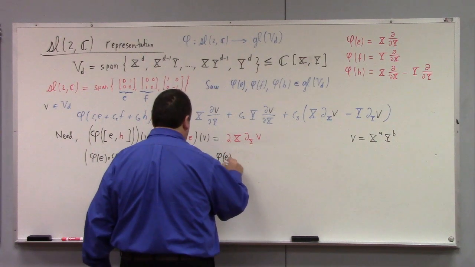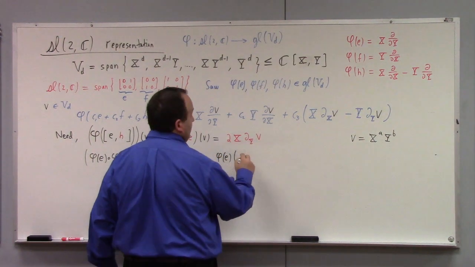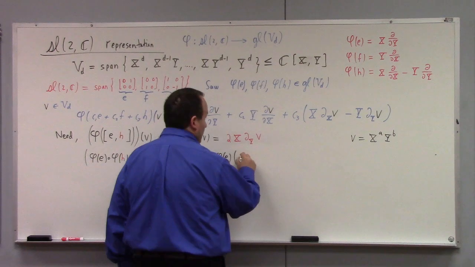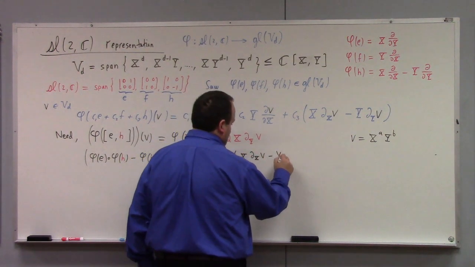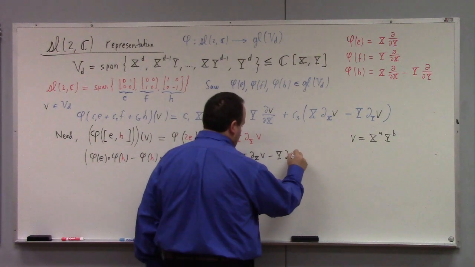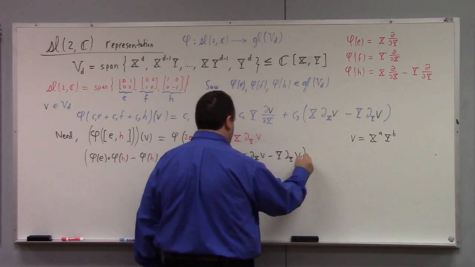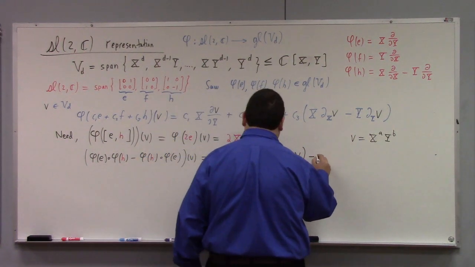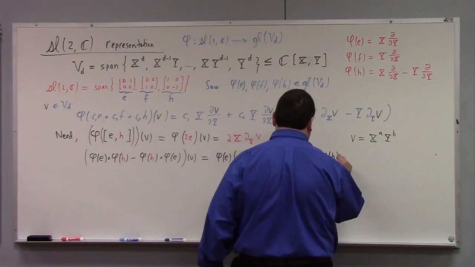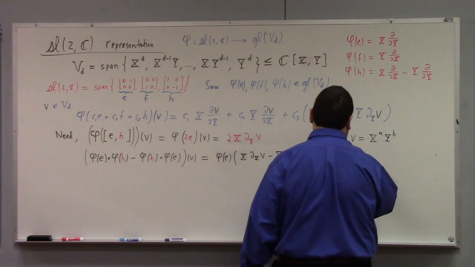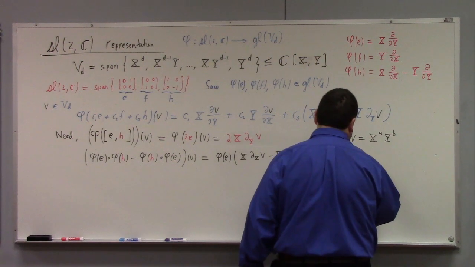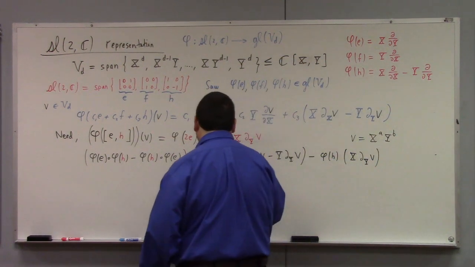So we have phi E of phi h of v. Now phi h of v, of course, was x partial x v minus y partial y v, and then minus phi h of phi E acting on v, that was x partial y v.